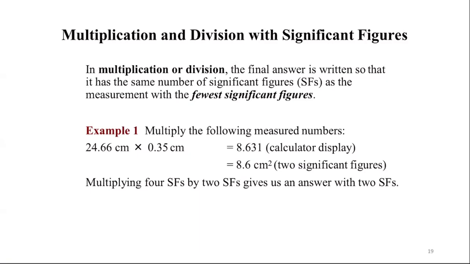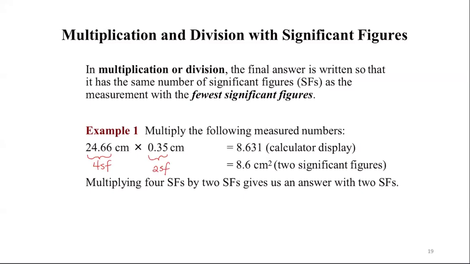We have 24.66 centimeters multiplied by 0.035 centimeters. Okay, when you take those two measured values and you put them in your calculator, you see that your calculator display is 8.631, but that is not your final answer, because when we pay close attention to this, you can see that this has 4 sig figs, this has 2 sig figs.